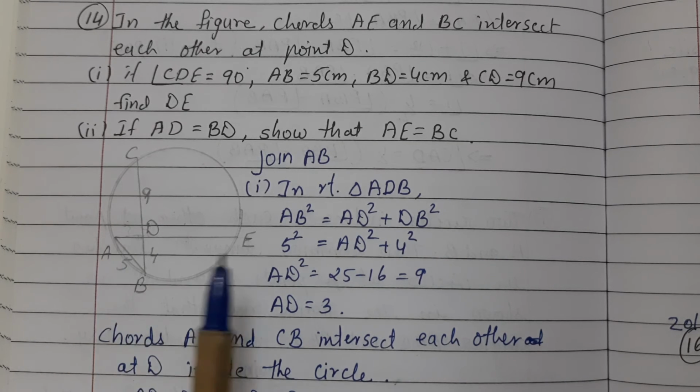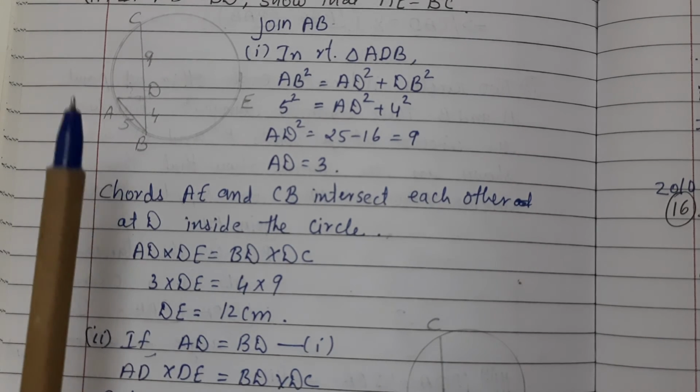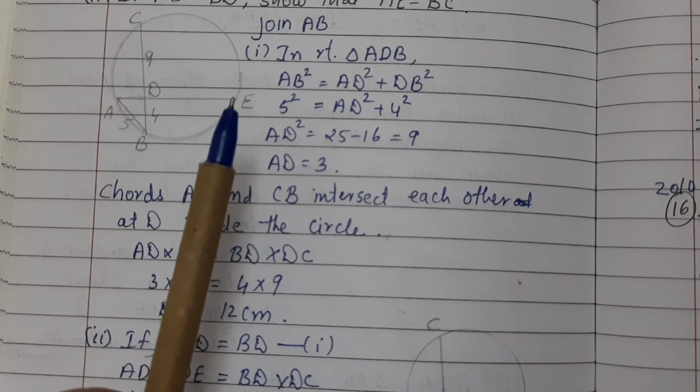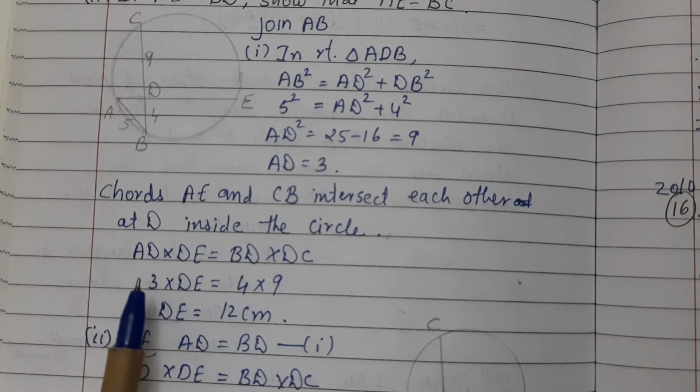Chords AE and CB intersect each other at D inside the circle. Therefore, AD into DE is equal to BD into DC. 3 into DE is equal to 4 into 9. DE is equal to 12 centimeter.